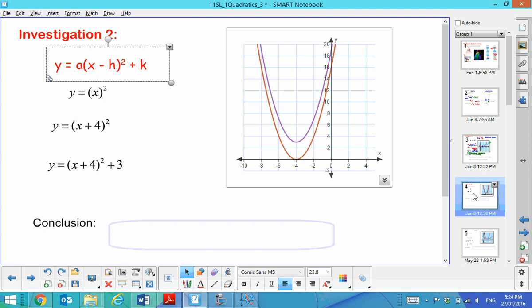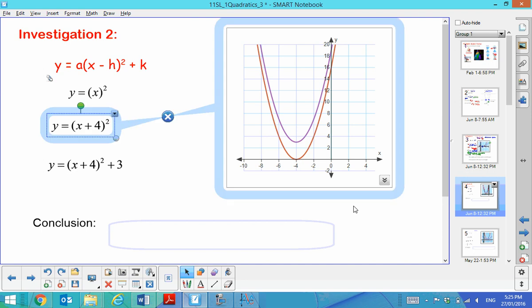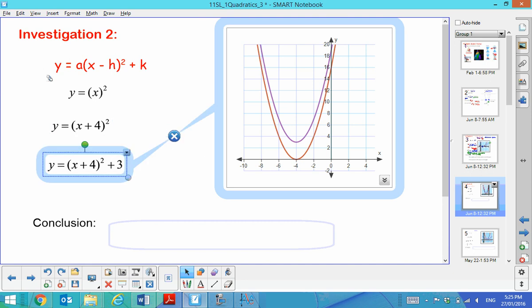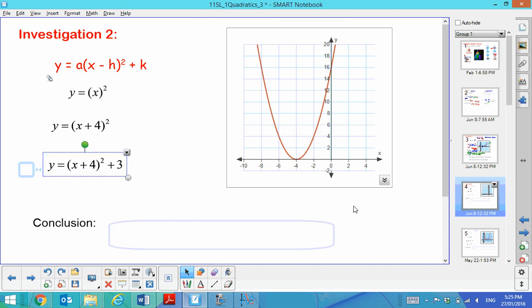In the second part of this investigation, we're looking at this graph here, or a different setup of the equation. This one's written as x minus h all squared plus k. And when we come to graph these ones, this is what I've got graphed here, x plus 4 and x plus 3 are graphed.